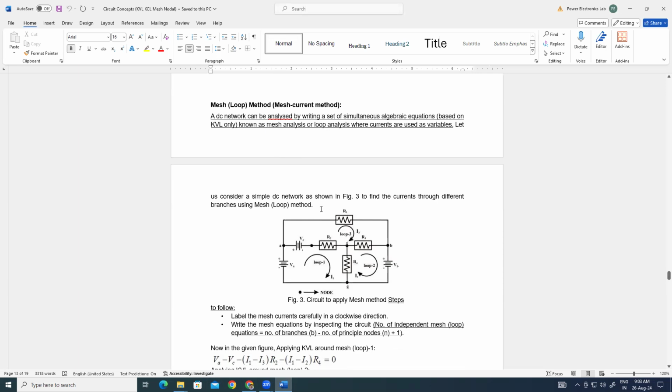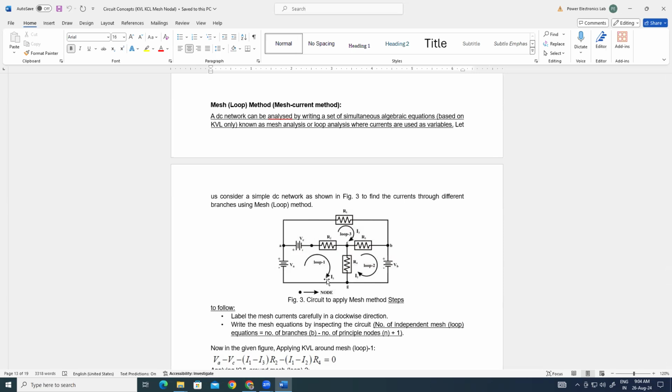This example is also very similar to the previous one. In this you can see three loops are there, and we have to identify the loop currents. In the mesh method, we have to identify the number of meshes, and then mark the direction of current flowing through the meshes.